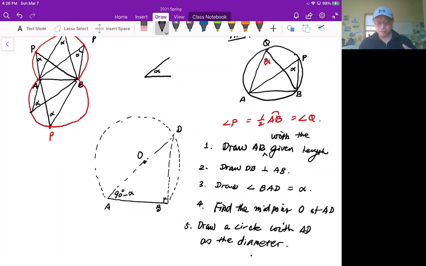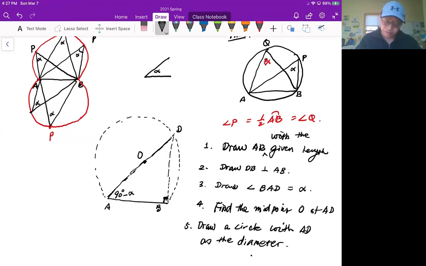Why are we done? Because look at that. This is a 90-degree angle, right? So if this is a 90-degree angle, then this has to be the diameter here, right? That's why I want to get the diameter here, and this is 90 degrees, right?